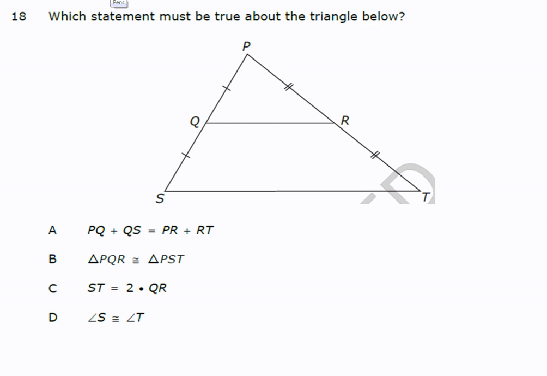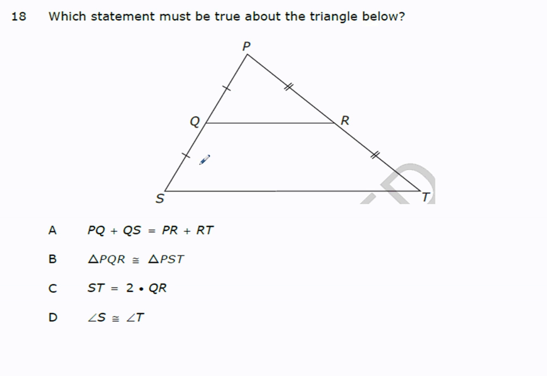And if you remember the mid-segment theorem, then you know that this is going to be half of the side that it's parallel to. If you don't know the mid-segment theorem, then you should see similar triangles. And notice that this triangle is similar to this triangle, and the ratio of the sides is 1 to 2.